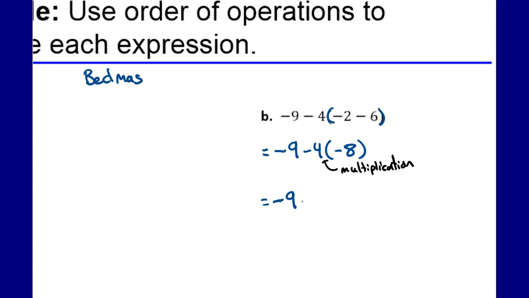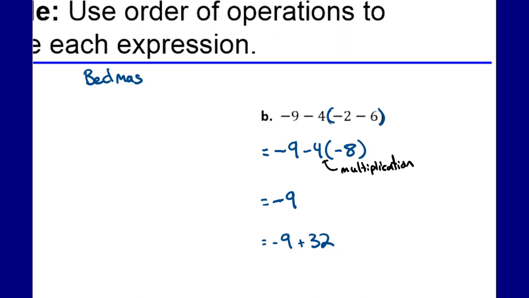One, you can just leave the minus sign and do 4 times negative 8, which is negative 32, and then simplify your double signs here to make it negative 9 plus 32. You could also take negative 4, so use the sign in front, which we generally should do.